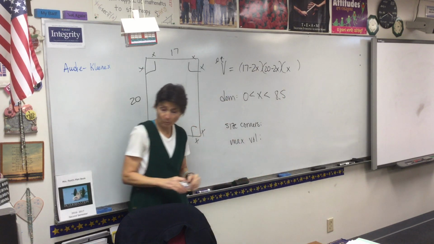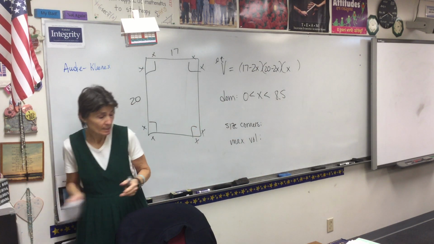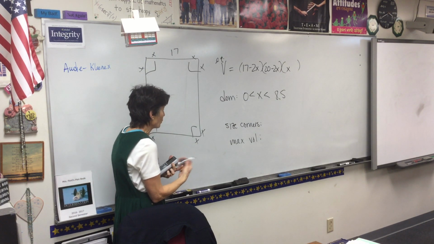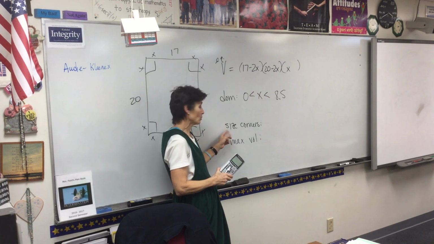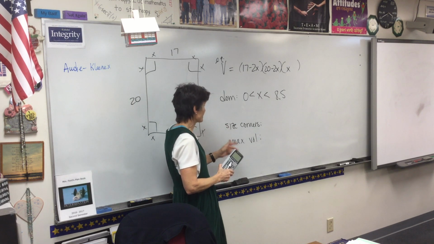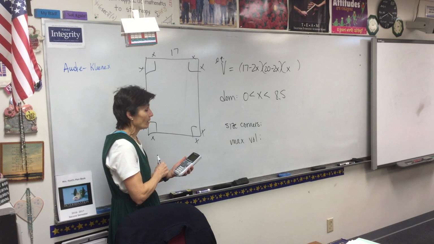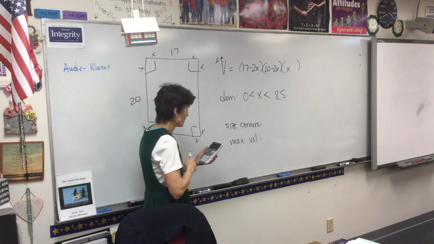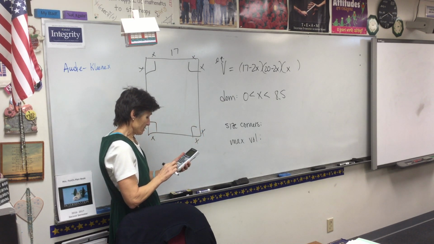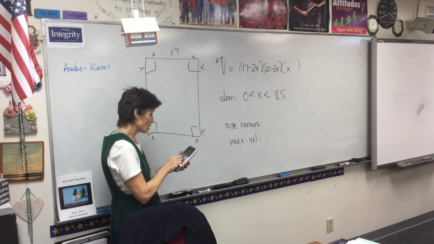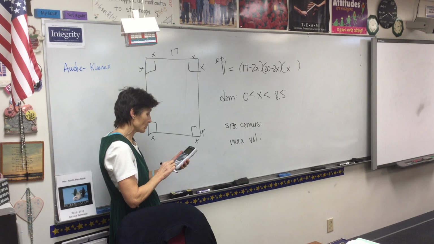So now we're going to go to our calculator, and we're going to find the answer to the question, which could be what's the size of the corners, or what's the maximum volume. So we go to y equals, we put this equation in. I already have one in because I did one yesterday, but I have to change it because I have new numbers.